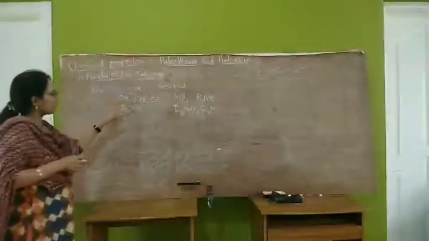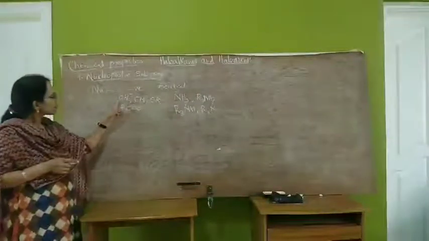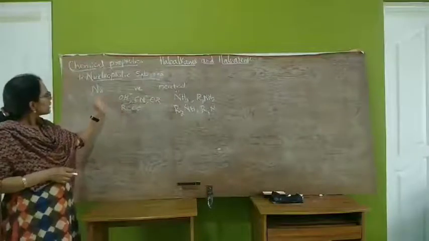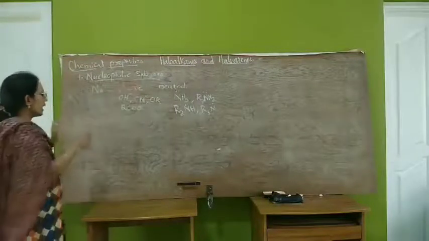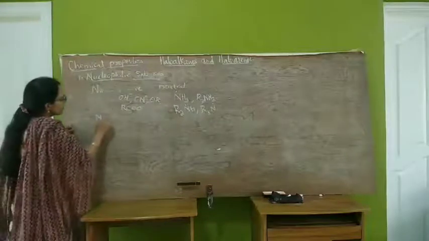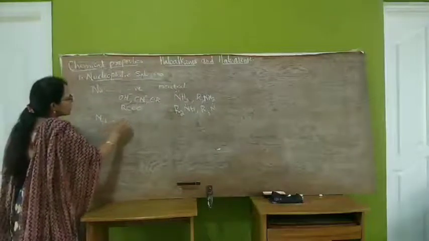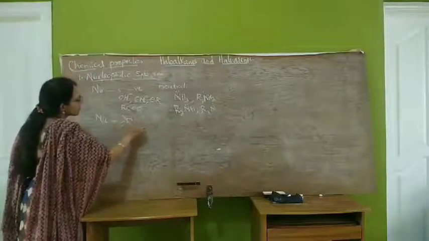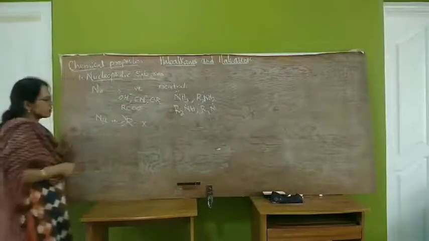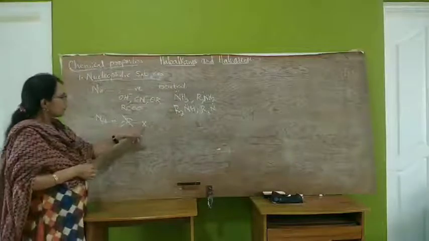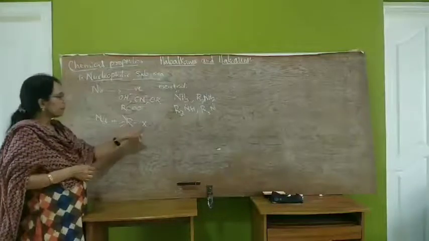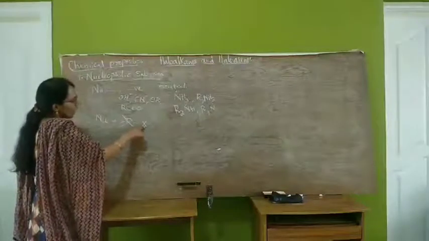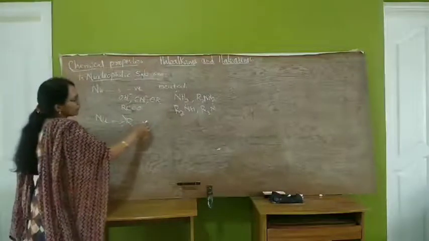They contain electrons. Now, when a nucleophile reacts with an alkyl halide RX, we know alkyl halides are slightly polar in nature due to the higher electronegativity of halogen than carbon.